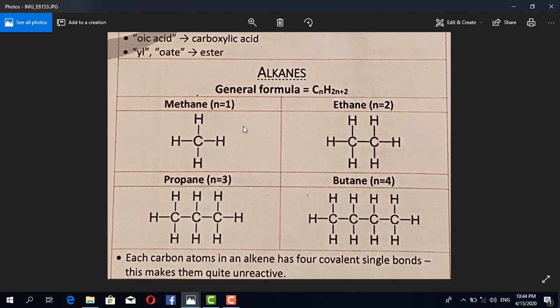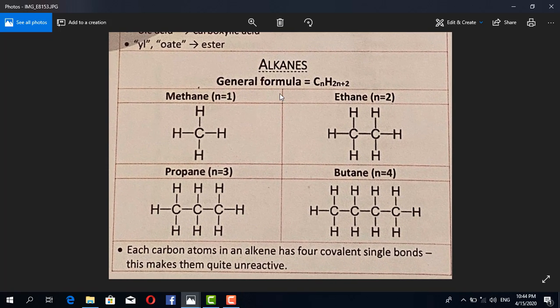The first thing that we're going to start with here is alkanes. The general formula for alkanes is C n H 2n plus 2, where n could be 2, 4, or 3; it depends on the structure that we have. So let's say that instead of the n we've got 2.